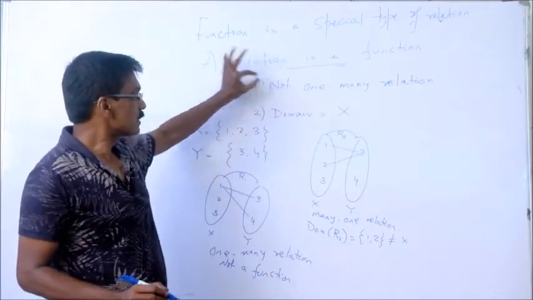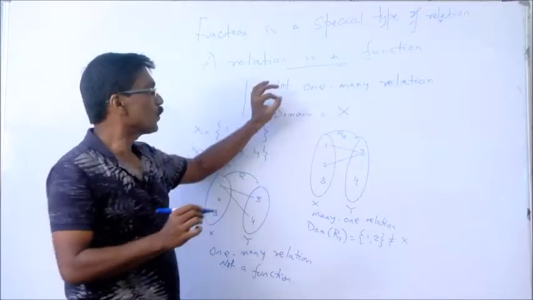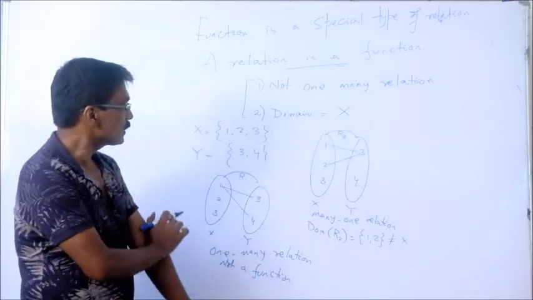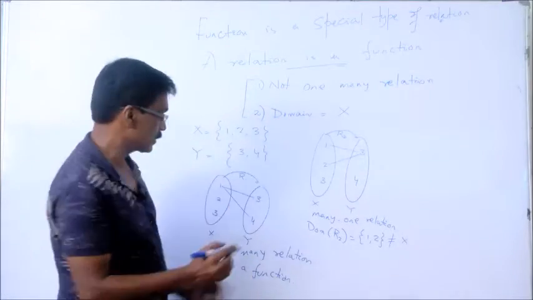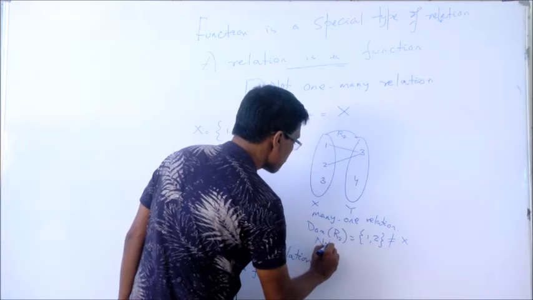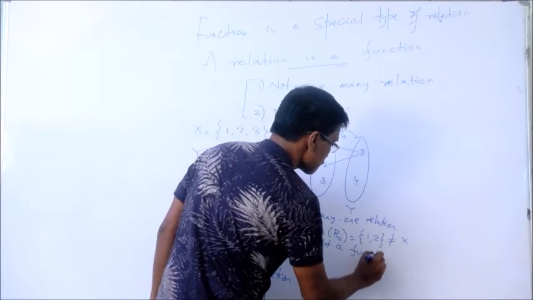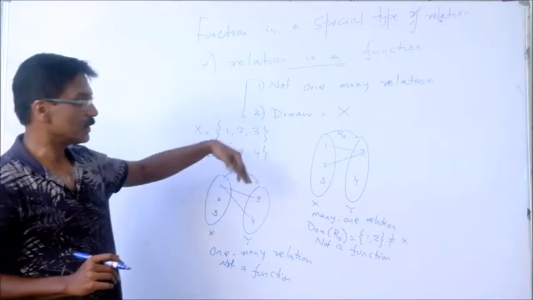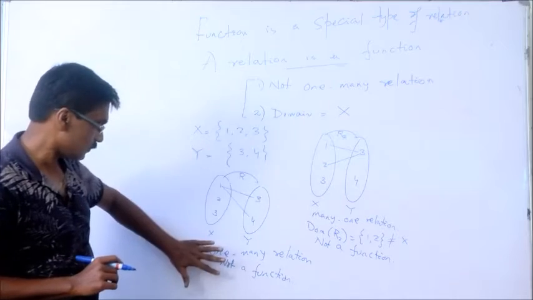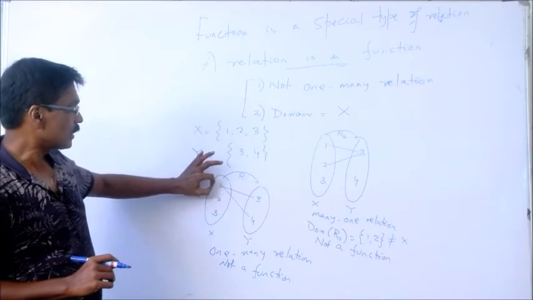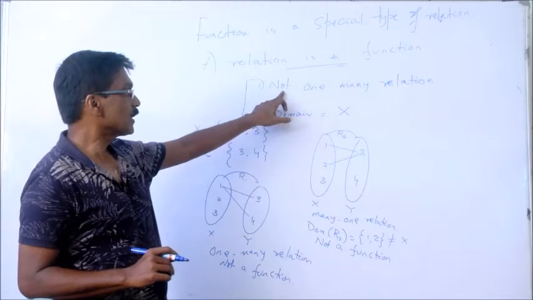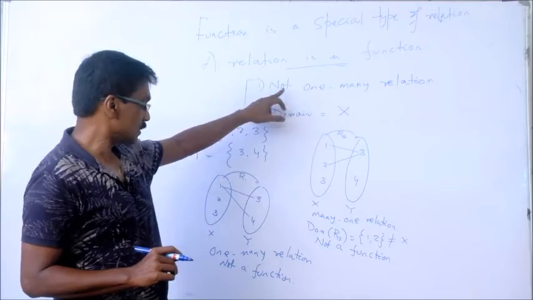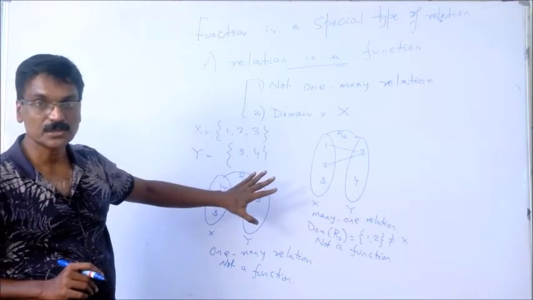So, first condition, it must not be a one-many relation. Second condition, domain should be equal to the x set. So, this is not a function. Relation R1 is not a function because it is a one-many relation, and R2 is not a function.